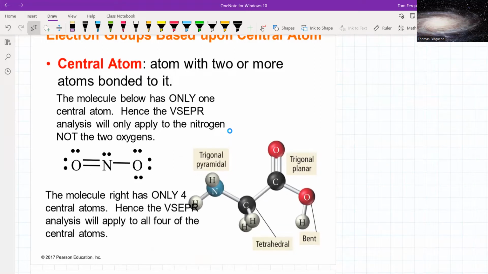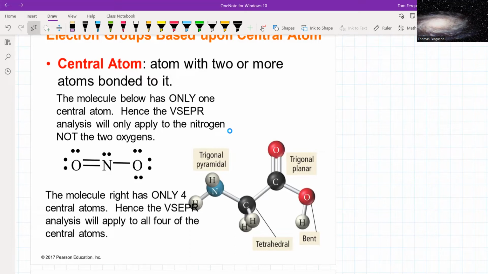Carbon here. How many bonds are attached to it? 3. So bam, central atom. Oxygen, 2, central atom. Carbon, 4, so central atom. Nitrogen is 3, central atom. None of the hydrogens.